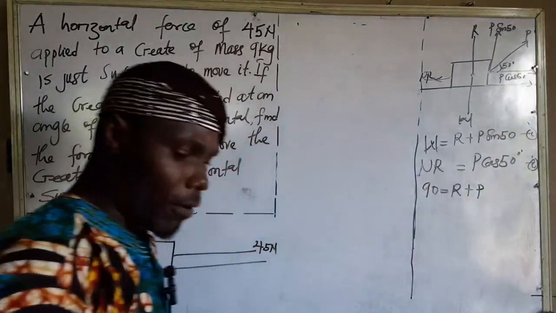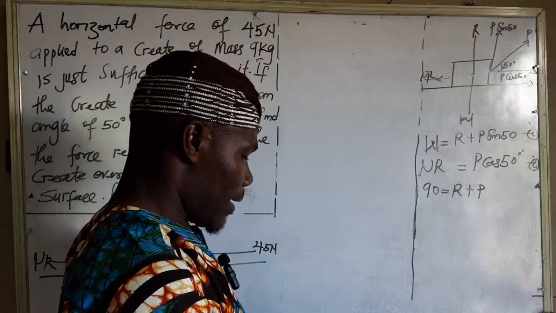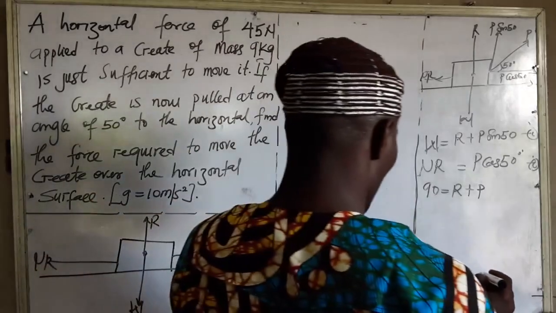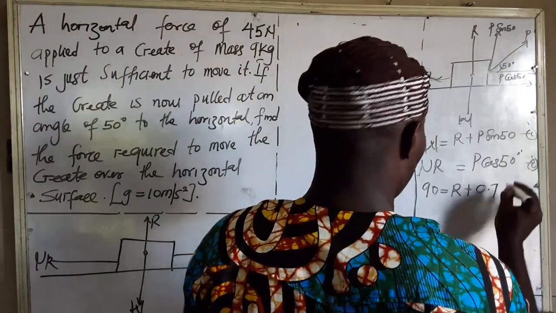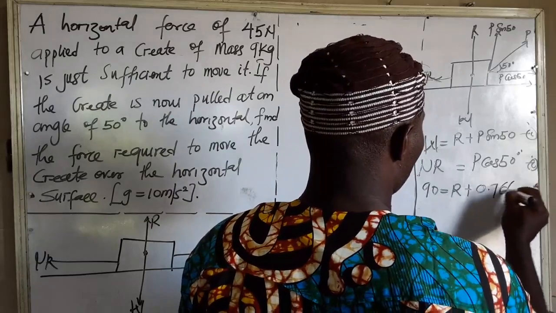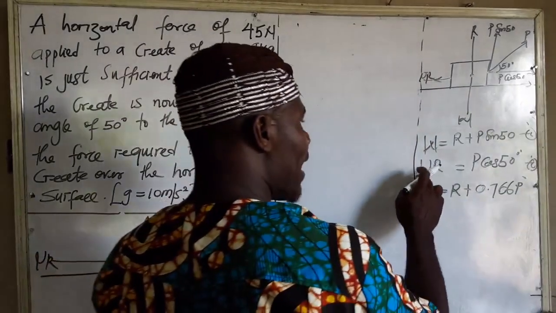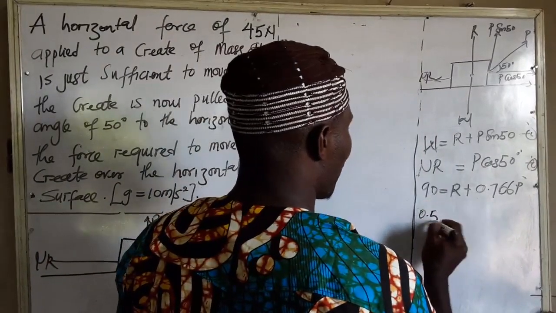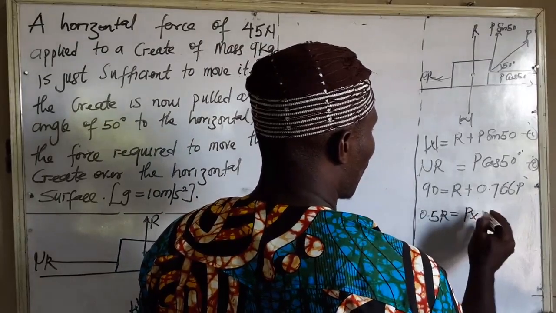Let's find the value of sin 50. Sin 50 gives us 0.766 of P. And from equation 2, with the coefficient of friction being 0.5, 0.5 times the reaction is equal to P cos 50.